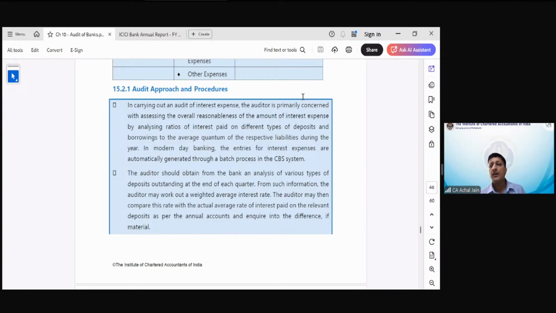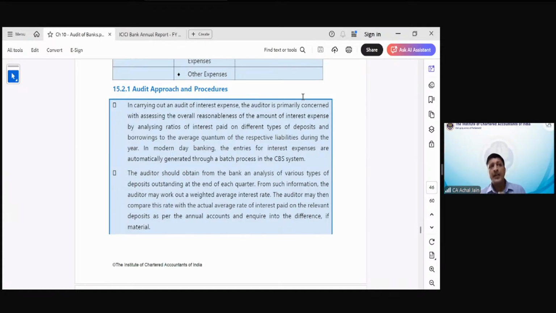Once again, it will be the systems, the automated system which the bank is having, wherein the involvement of IT experts will be required. If the auditor draws comfort on the process, on the system, then of course this aspect is taken care of.